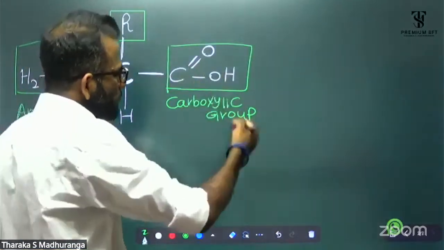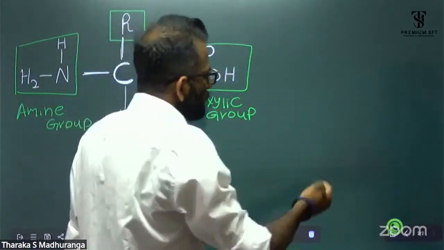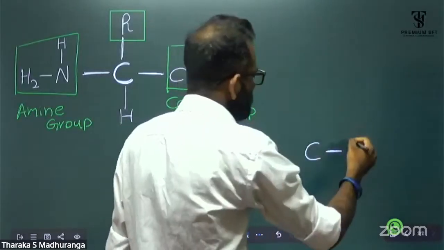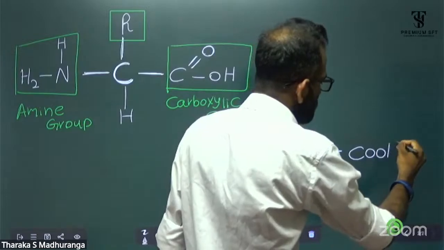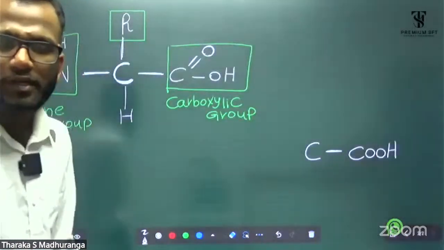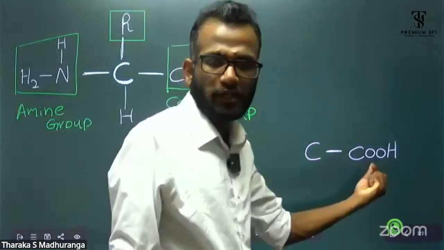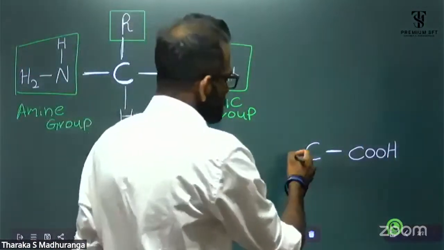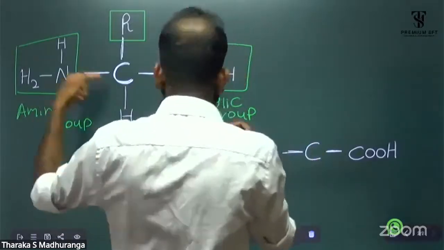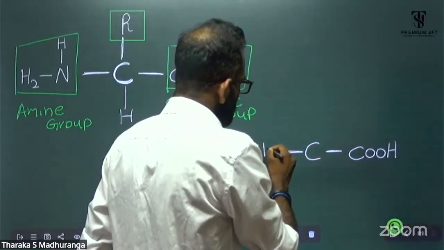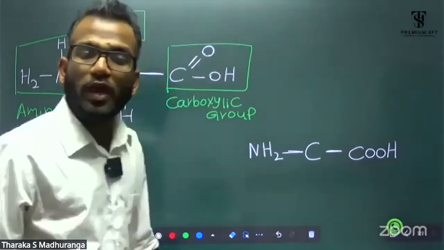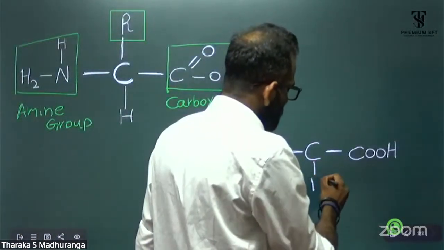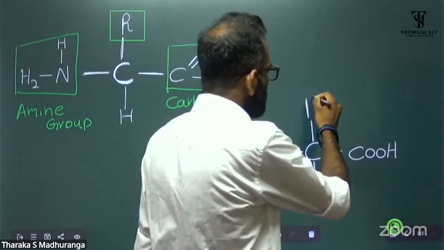The same structure we can draw in another version. In simple form, we can write COOH, and NH2, the amine group, then hydrogen and the R carbon group.